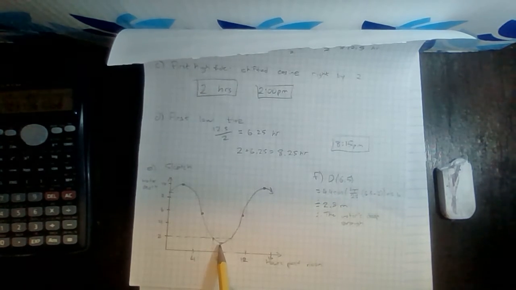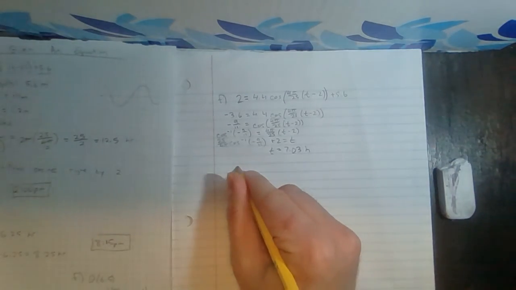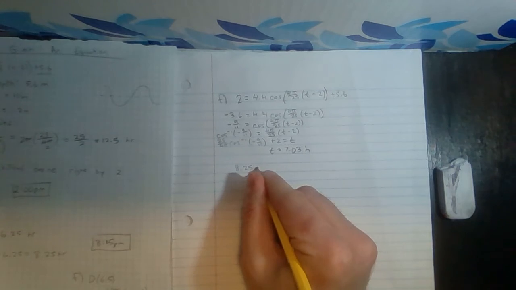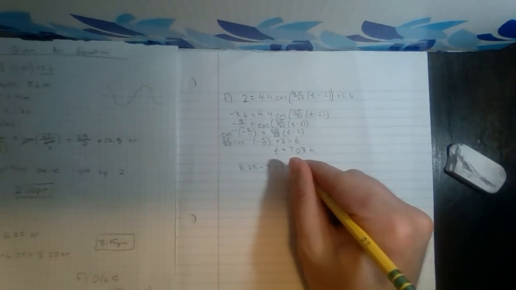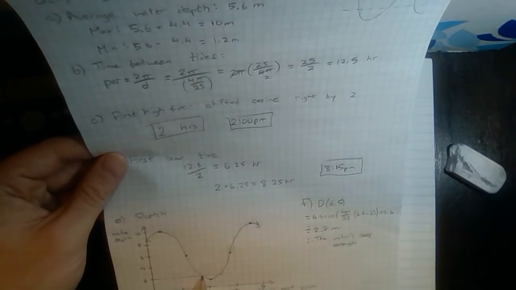And we know our minimum point, our low tide, was at 8:15. That's 8.25 hours. So 8.25 minus 7.03 is 1.22. So there's 1.22 hours from this point to our minimum.